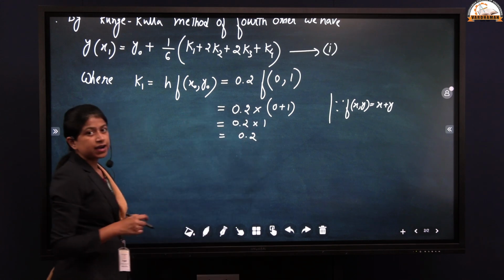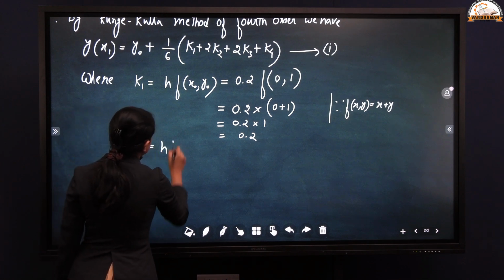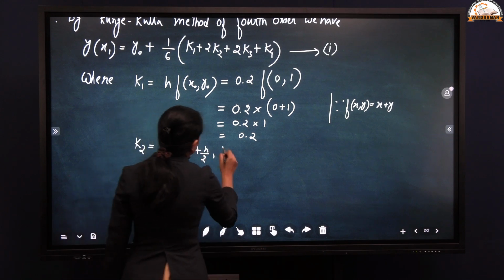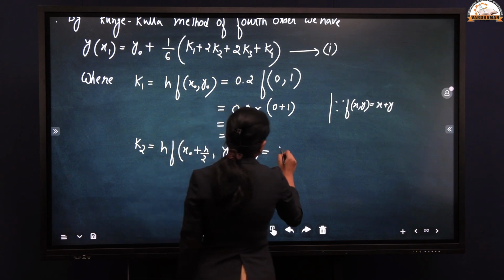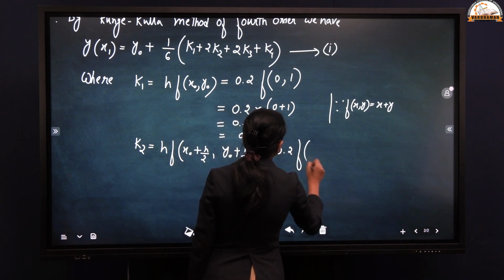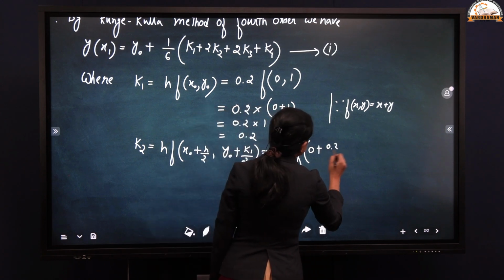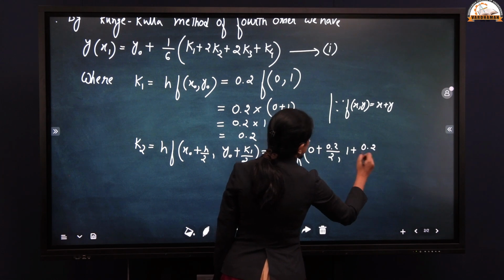Now we will next find k2. k2 is given as h into f of x0 plus h by 2, y0 plus k1 by 2. h is given as 0.2, x0 is 0 plus h, which is 0.2, by 2, and y0 is 1 plus k1, which is 0.2, by 2.